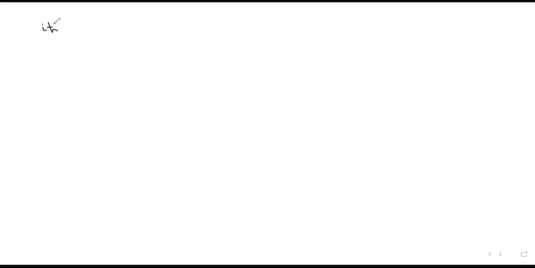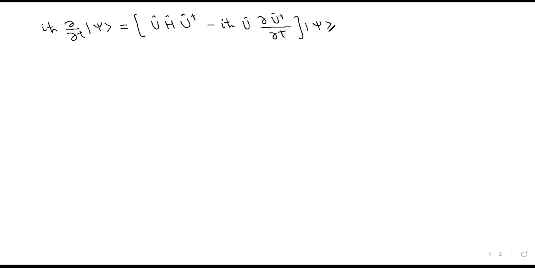iota h bar partial over partial t psi equals U H U dagger, we put hats over here, minus iota h bar U partial U dagger over partial t, and psi.